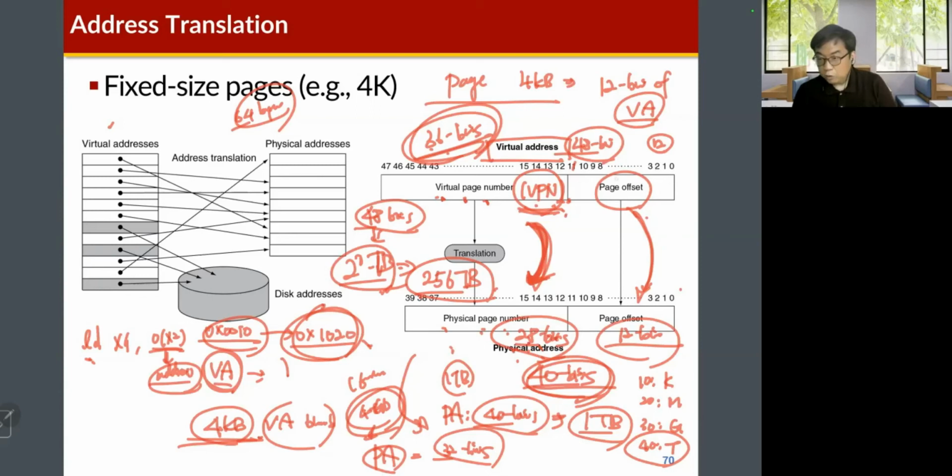The lower 12 bits is called the page offset, because the size of a single page is 4 kilobytes. So the page offset is copied to the page offset part of the physical address. That's how the virtual address is translated into a physical address, right?